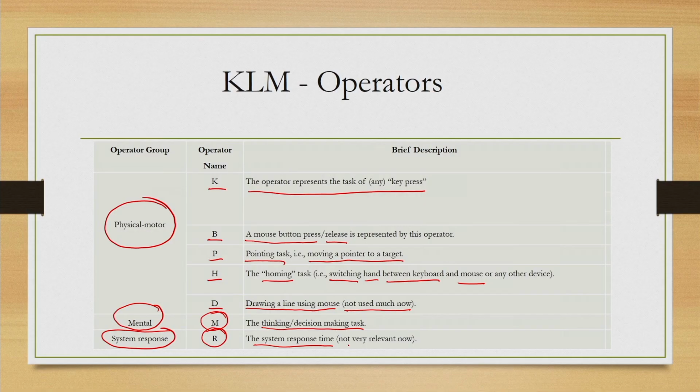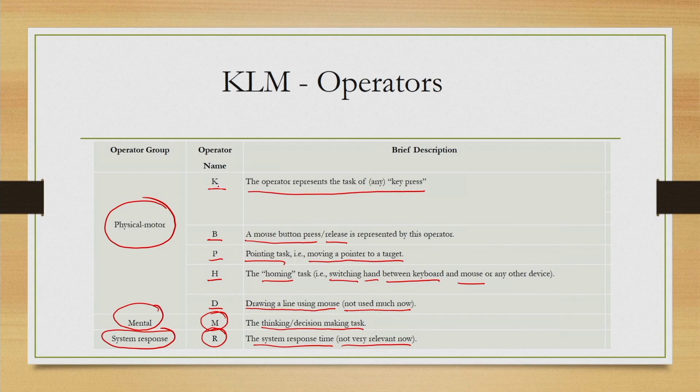This is another operator that had its relevance in the early days of the use of this model, that is, in the 1980s, when computers used to be slow, and after you performed some input action there used to be some delay in getting the response, the output, due to the low configuration of the computer. But that is no longer relevant nowadays, and hence this operator is not very much used.